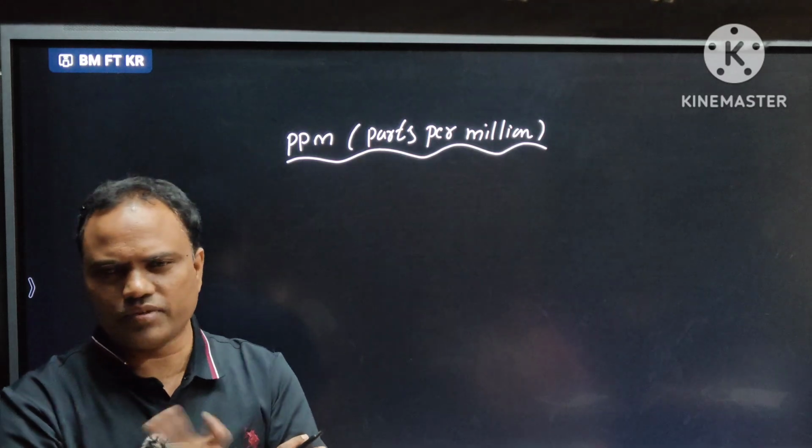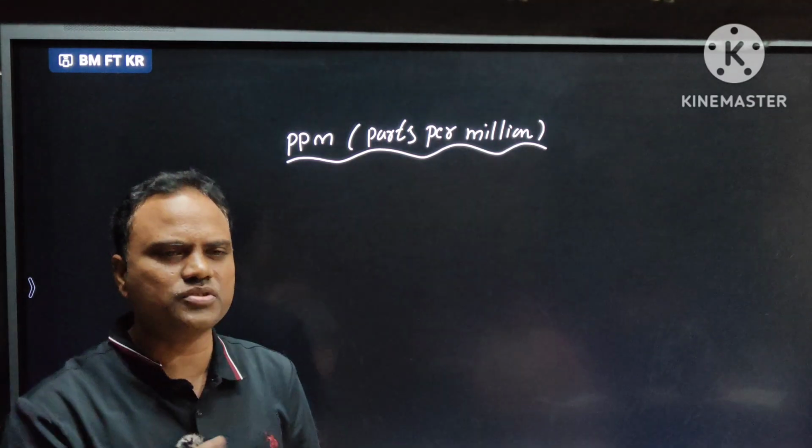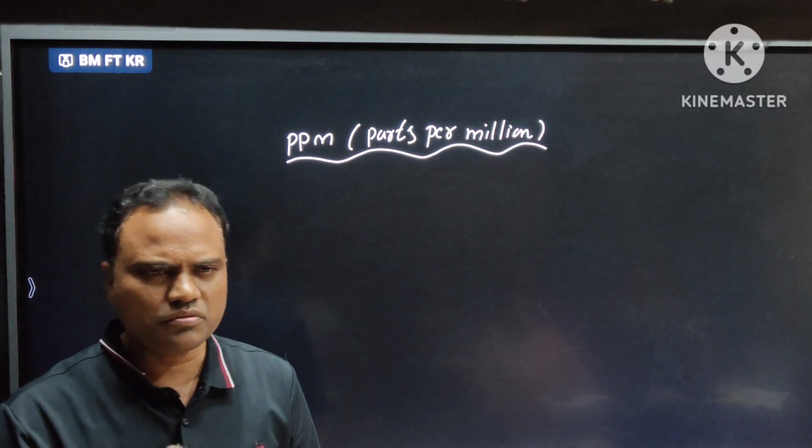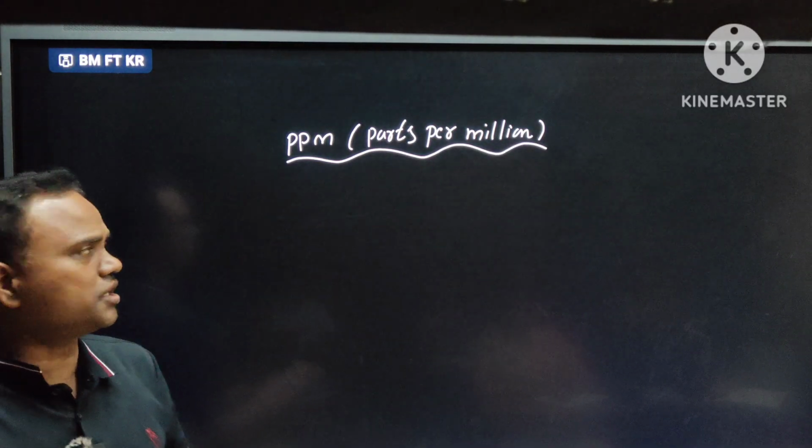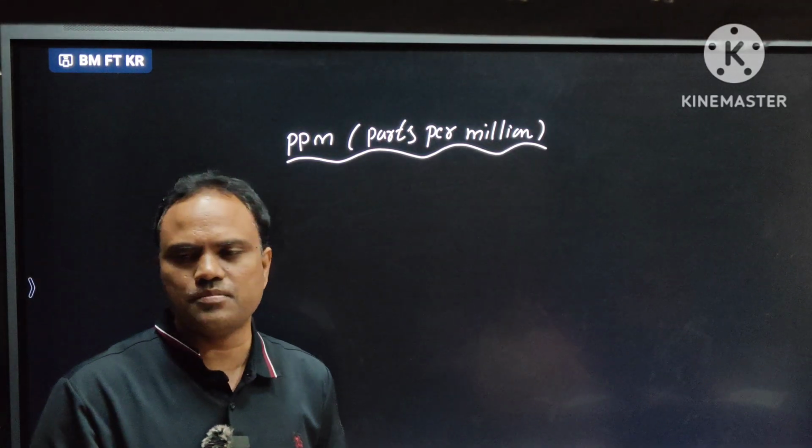In 1 liter water or 500 ml water, if you drop 1 gram salt, that is negligible, very dilute, tracer quantities. When solute is present in tracer quantities, we use the concentration term ppm.